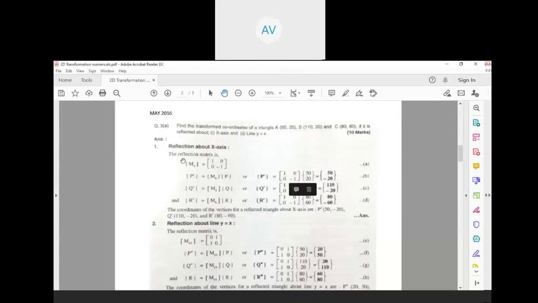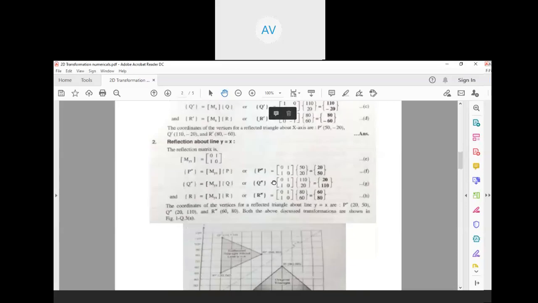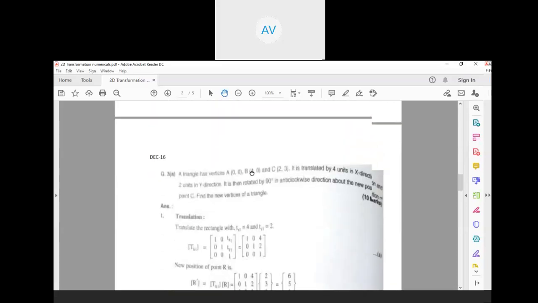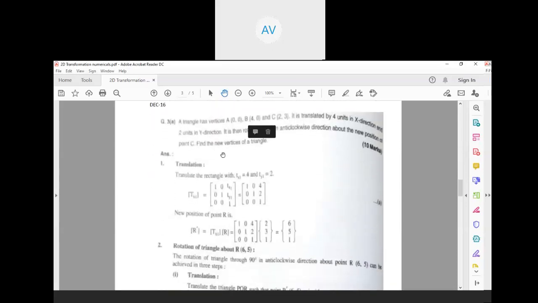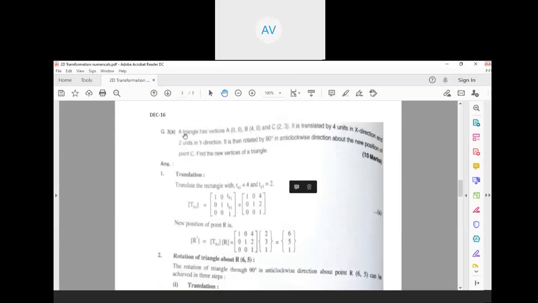So the next numerical, what is it? You will do this. A triangle has vertices A (0, 0), B (4, 0), and C (2, 3). So one triangle is given which has the vertices as mentioned, ABC.